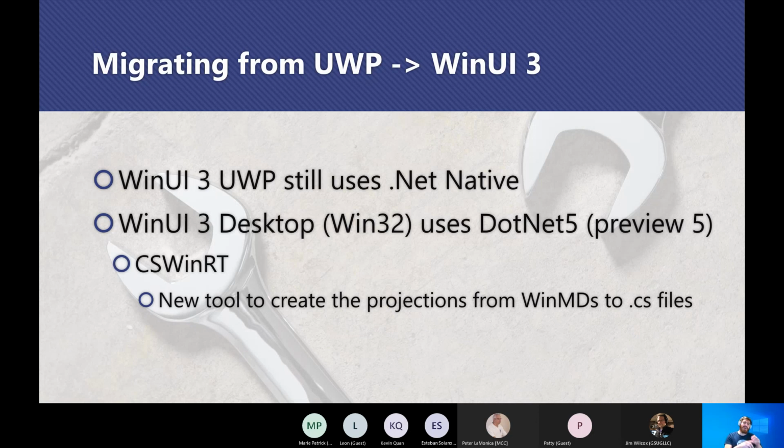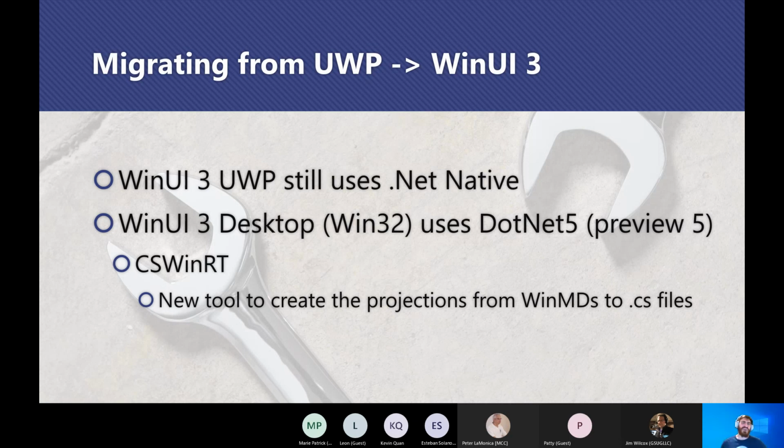So not only does it create the projections during build time, it also has a runtime to make sure that calling a method from one technology, let's say from C++ to C# or vice versa, just binds the parameters properly and handles all the life cycle of those objects properly. That was being done automatically by the compiler before. It's not the case anymore. You have this tool, just so you are aware.